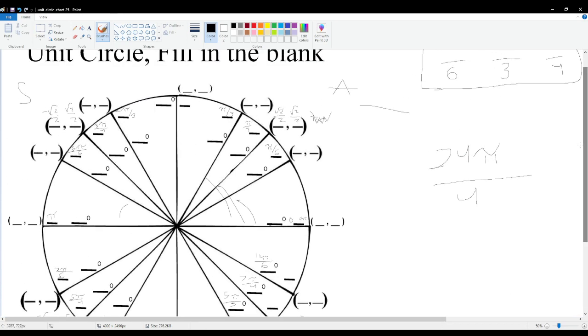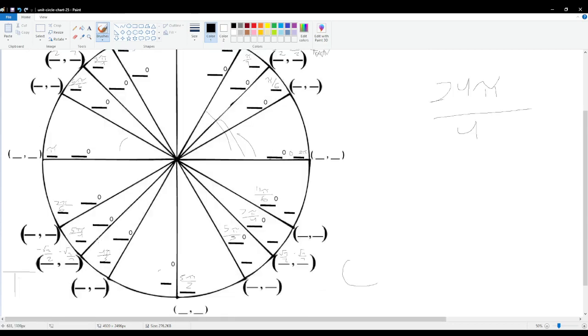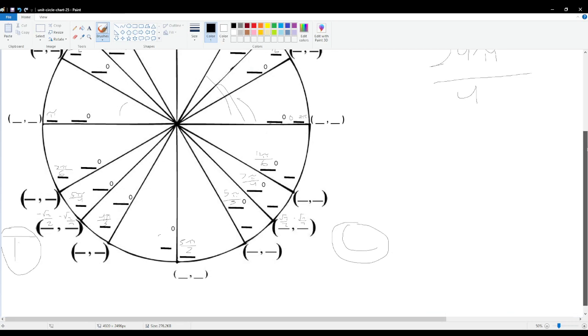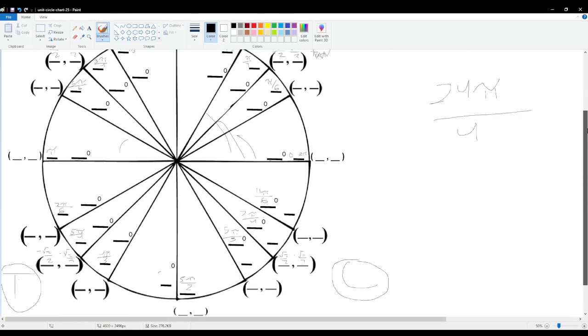What this means is, in this quadrant, all are positive. In this quadrant, sine is positive, because S is sine. In this quadrant, tan is positive, because they're both negative, and negative divided by negative is a positive. And then down here, cosine is positive, because we're back on the positive x-axis. So that's a great way to know what's going to be positive and what's going to be negative.